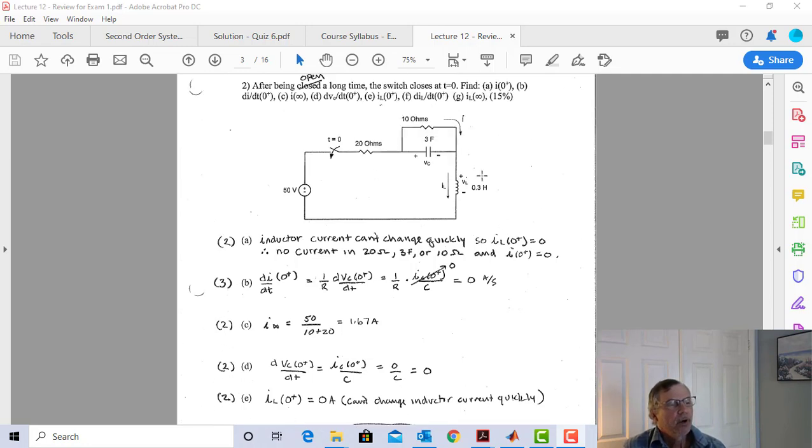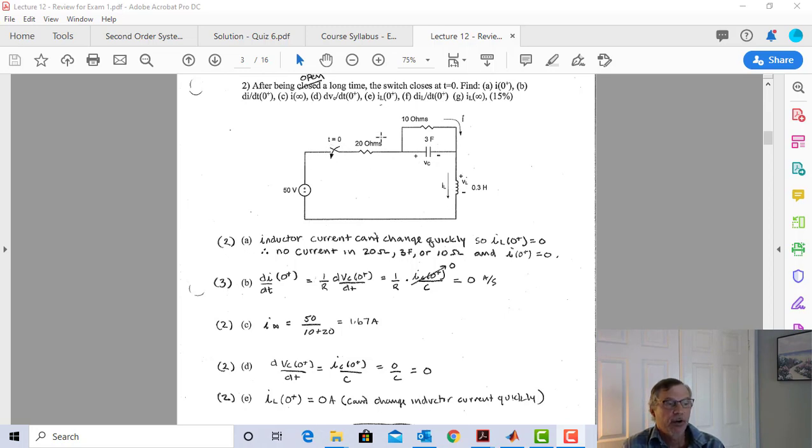And so remember, when we close this switch, we can't change this current quickly. Therefore, and it was 0 at t equals 0 minus. So that means at t equals 0 plus, this current is going to be 0 because this one's 0. So we have 50 volts here.